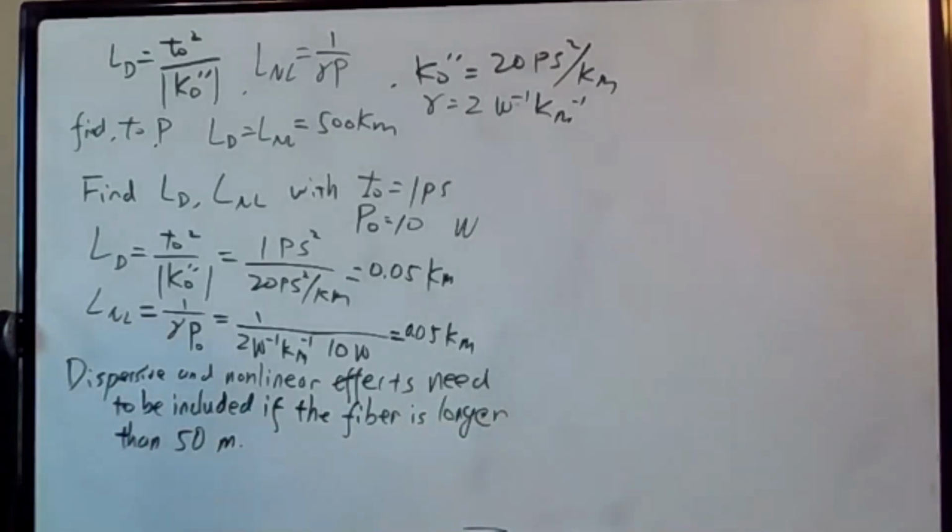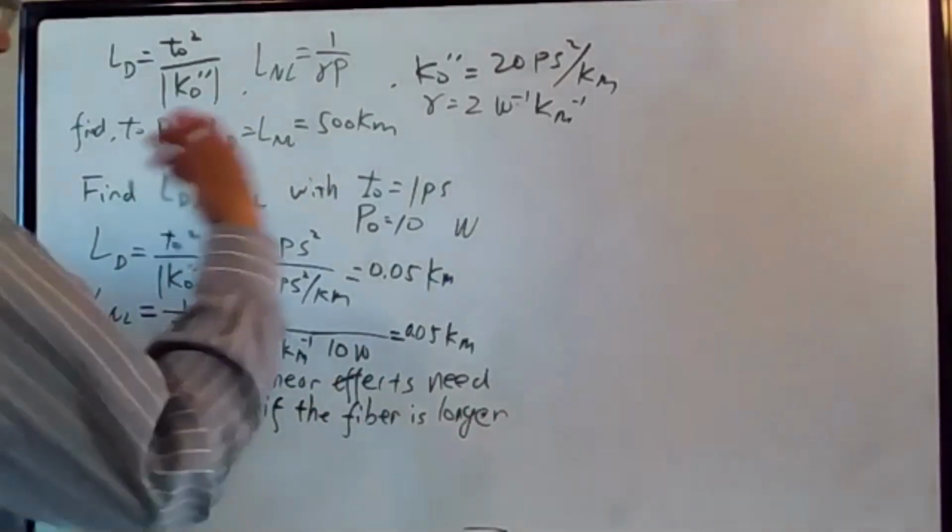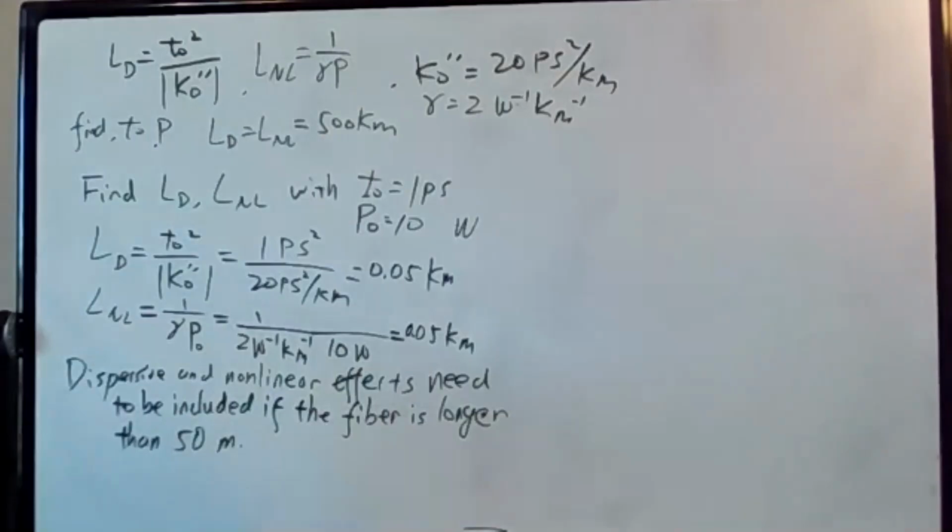For example, if I only have 5 meters, then my pulse propagation will have almost no change. We don't need to talk about dispersion effect and nonlinear effect in this case.